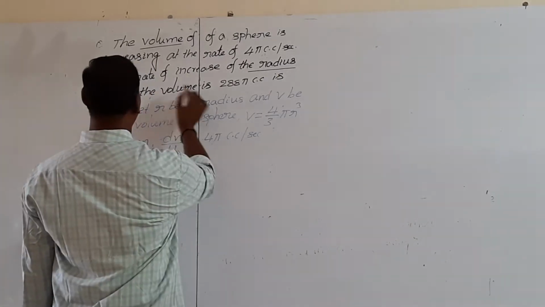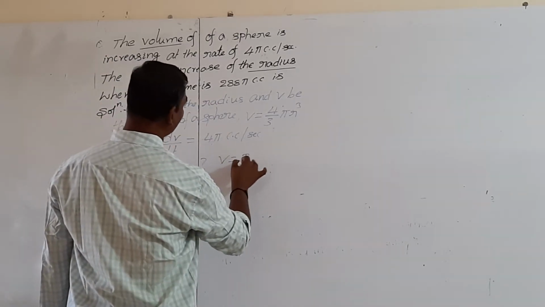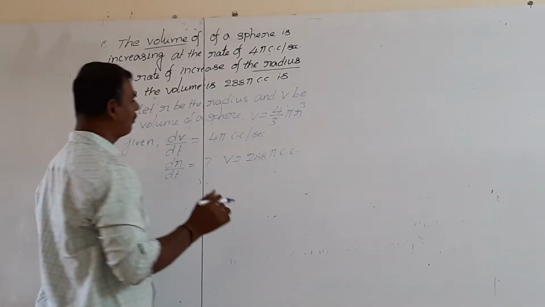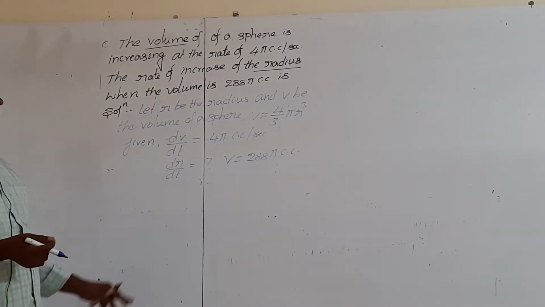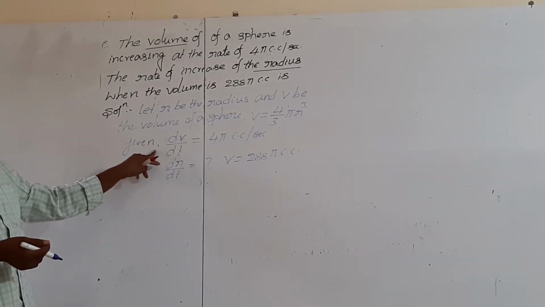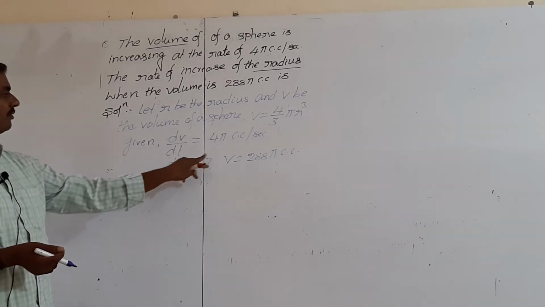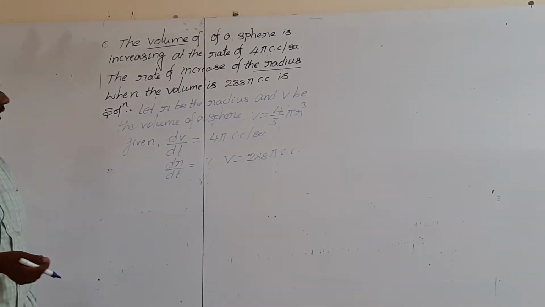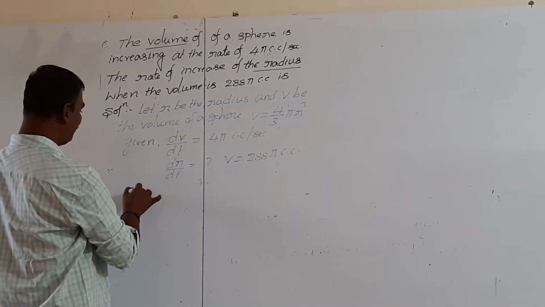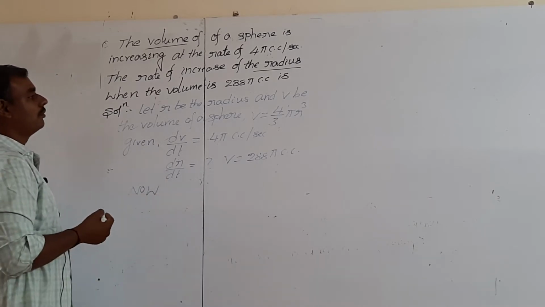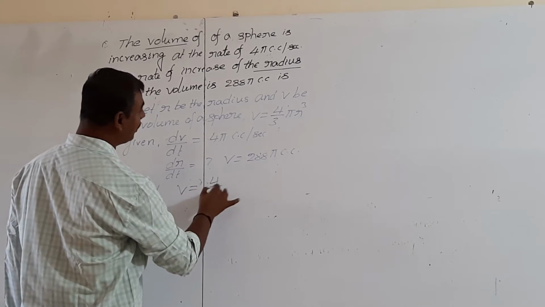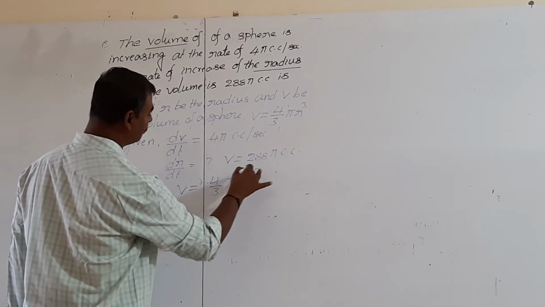And at the instant when the volume V is equal to 288 pi cubic centimeters, we need to find one value. Which value is required? Can you guess? Yes, the radius is required. From the formula, we find the radius: V is equal to 4/3 pi r cube.